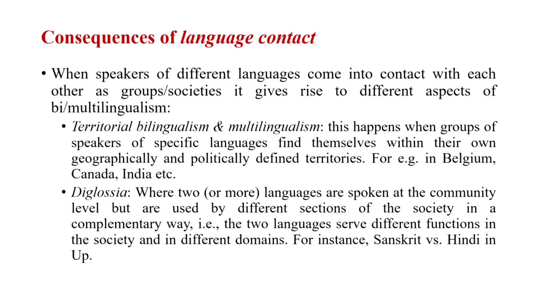Similarly, another phenomenon that we could talk about is referred to as diglossia, where two or more languages are spoken by the same community at the community level, but these two languages serve different purposes and different sections of the society.